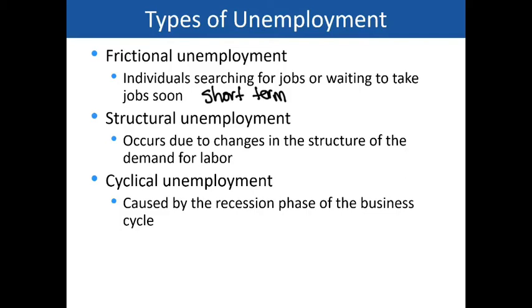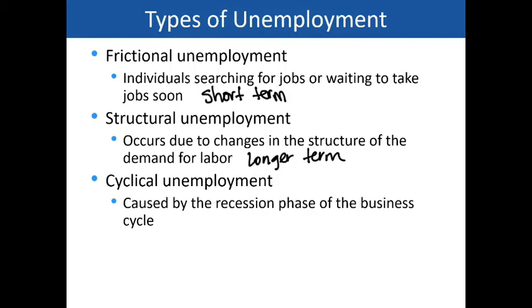They need to be retrained. They need to gain new skills to be placed in other jobs. Otherwise, they will lose their jobs and they will be structurally unemployed. This is a longer term unemployment. It is a concern because it requires retraining, it requires gaining new skills, and it is a longer term unemployment.